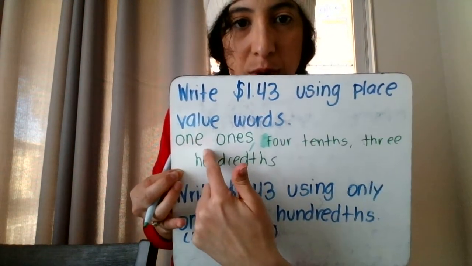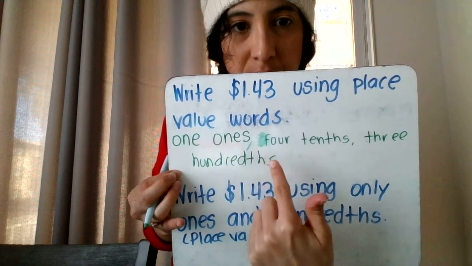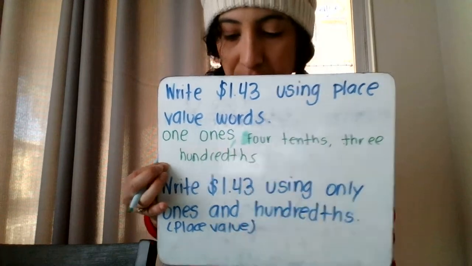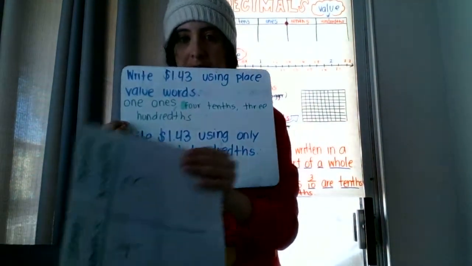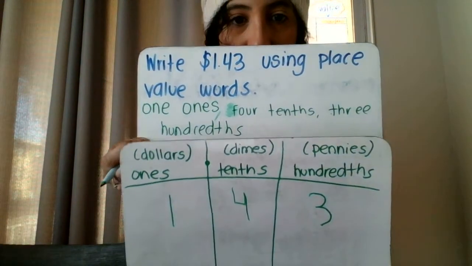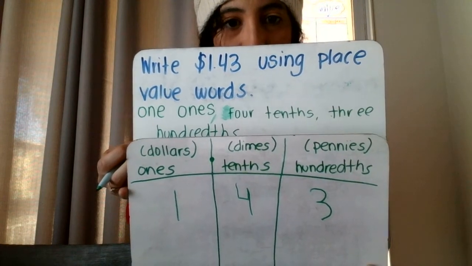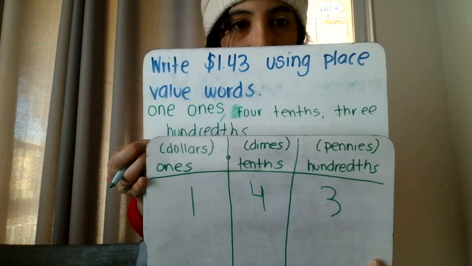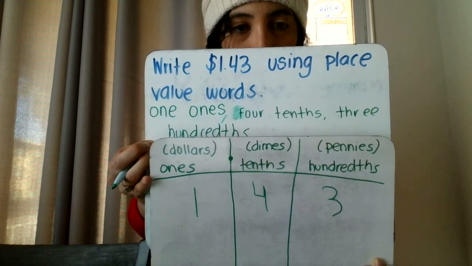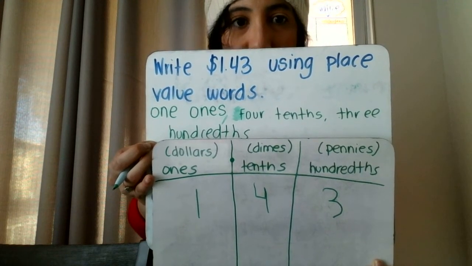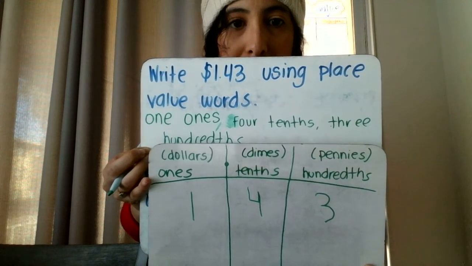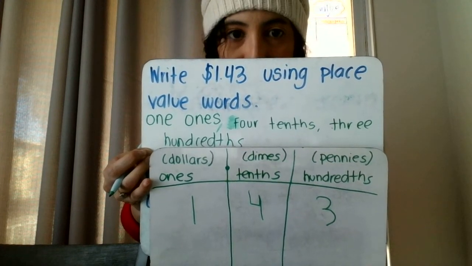Okay, so I have 1 once, 4/10, and I have 3/100. Does that match what I have here? I have 1 in the ones place, 4 in the tenths place, and 3 in the hundredths place. Okay, so that's what it means when it asks you to write a dollar amount in place value words.